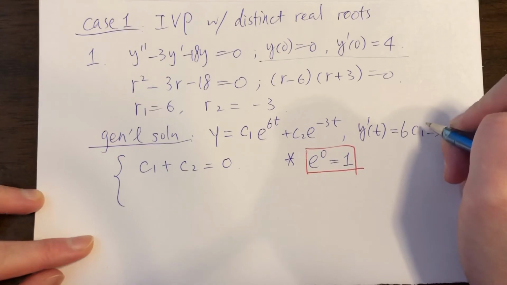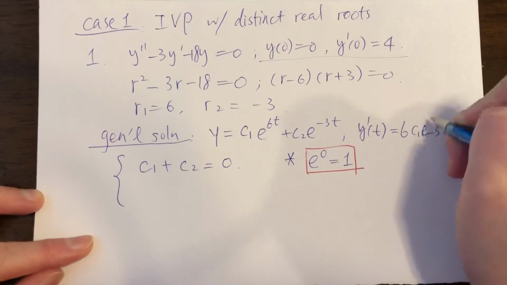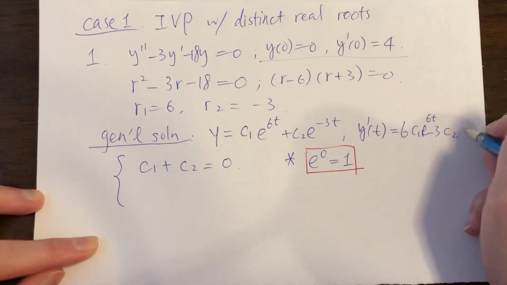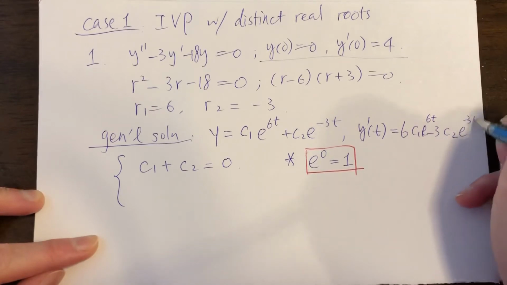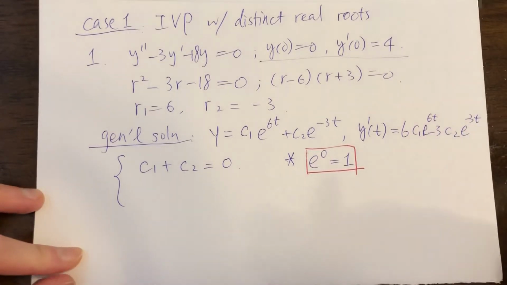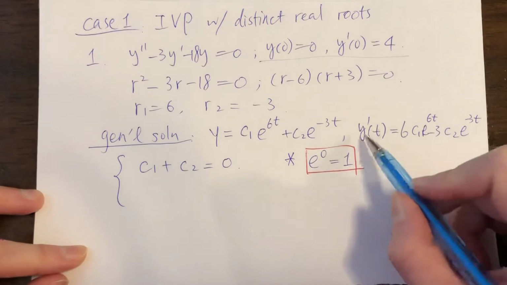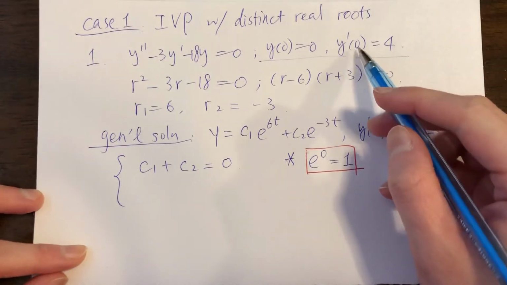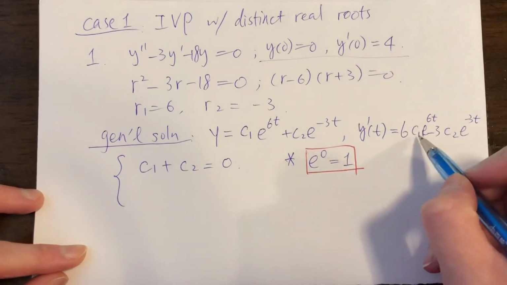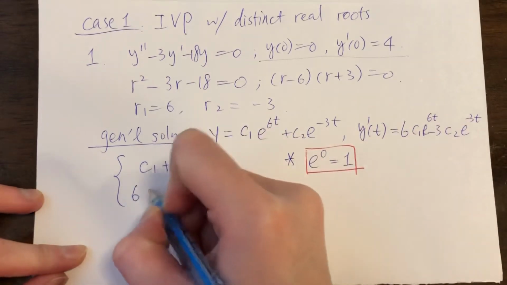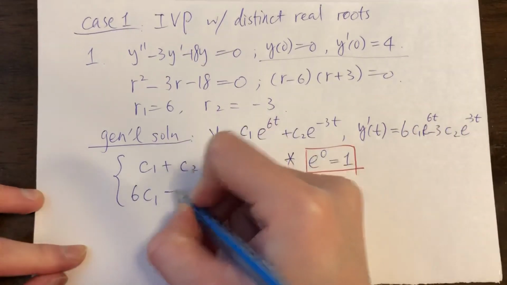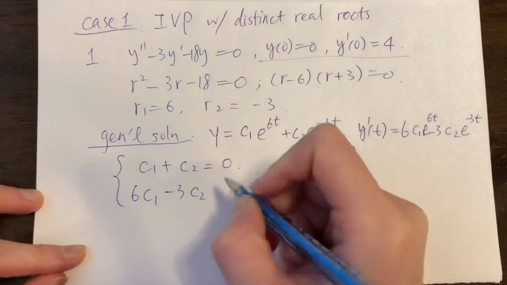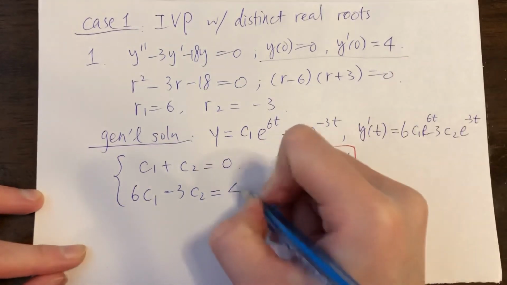I forgot to write the exponentials. So e to the 6t and e to the -3t. That's the first derivative, and then you can plug in 0. So then it's just 6C1 minus 3C2, which equals 4.